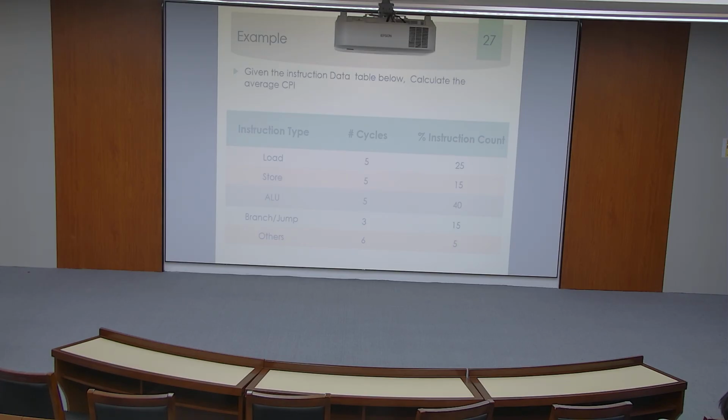We have a different number of clock cycles for each type of instruction, and a different percentage of the instruction count. For example, the load instruction has 5 clock cycles, and it takes 20 to 50% of the instruction count. And the store instruction takes 5 cycles, and it accounts for 15% of the instruction count.